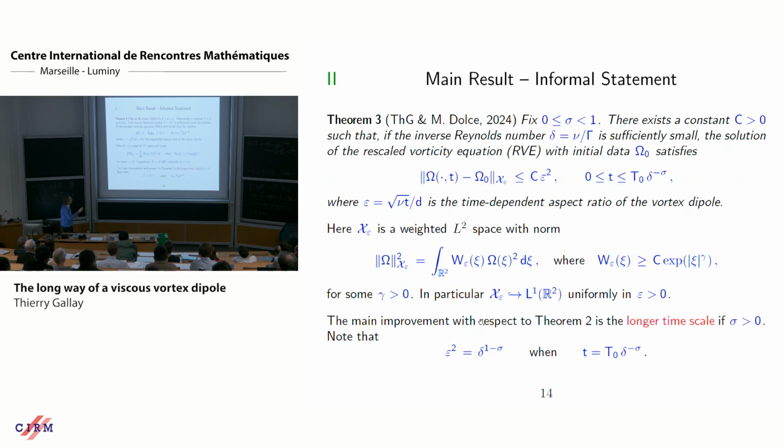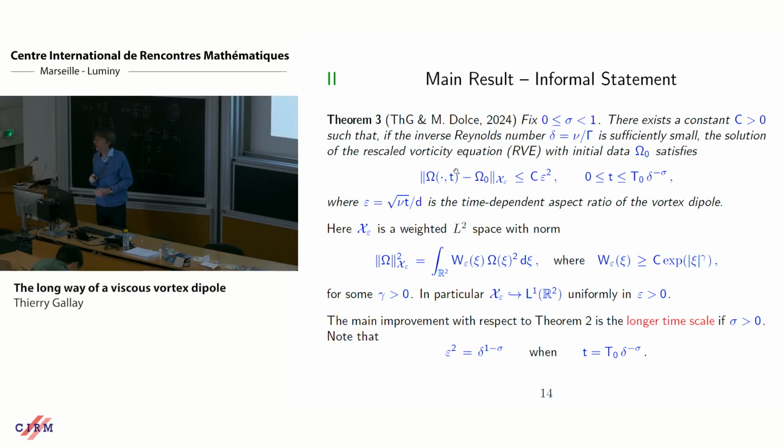If the Reynolds number is sufficiently large, so the inverse Reynolds number delta is sufficiently small, you can control your solution omega of t. Omega of t will be close to omega at 0, which is the Gaussian, with an error of epsilon square, where epsilon square is nu t over d square, over a very long time interval.